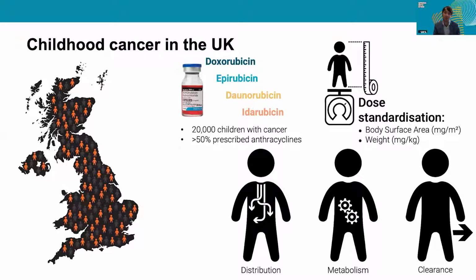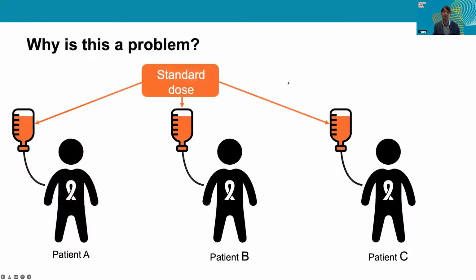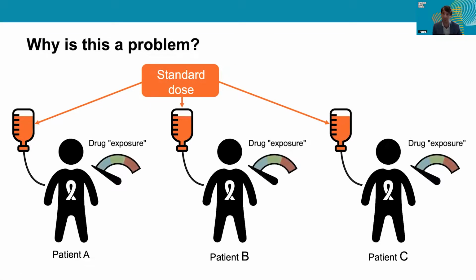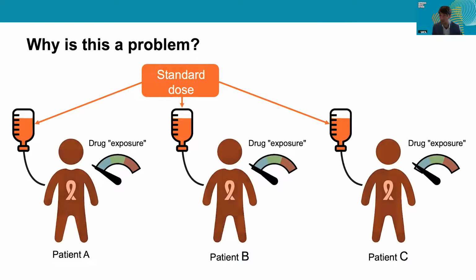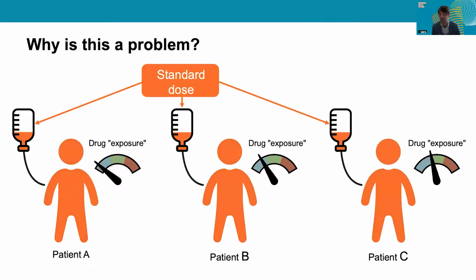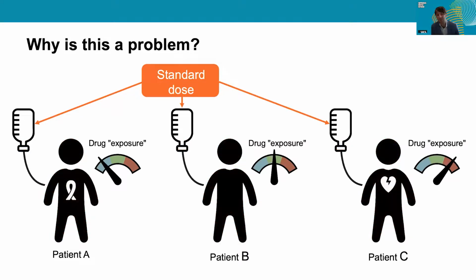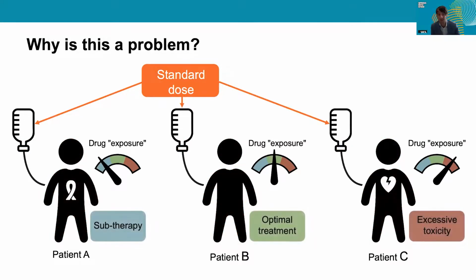And this leads to quite some problems, which is shown here. So if we have 3 patients, as I said before, these 3 patients react in a different way to chemotherapeutic drugs because they have a different clearance, different metabolism. And what then happens is that patient A, in this case, would be underexposed because the medication is cleared very quickly.